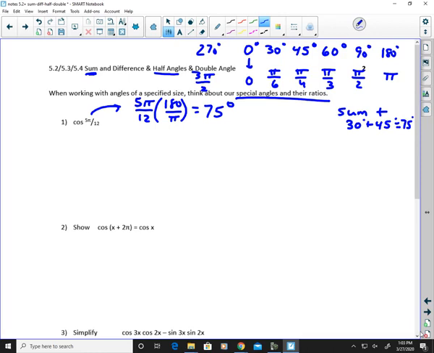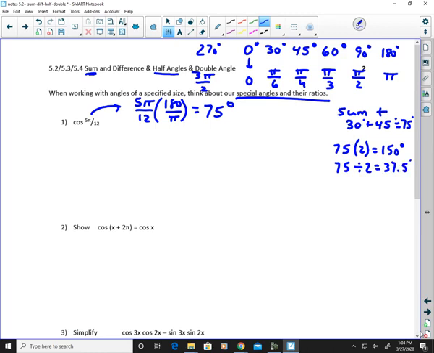If I wanted to look at the double angles or the half angles, I could think of my angle as a 75 times 2 would be 150, and 75 divided by 2 would be 37.5 degrees.